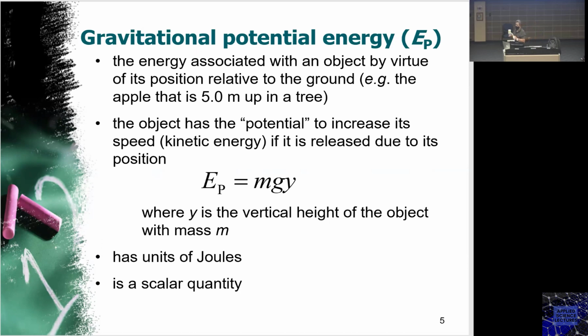If the gravitational potential energy of this calculator on the ground is 0, raising it up this height, the calculator acquires a potential energy based on its location relative to the reference point that you have defined.